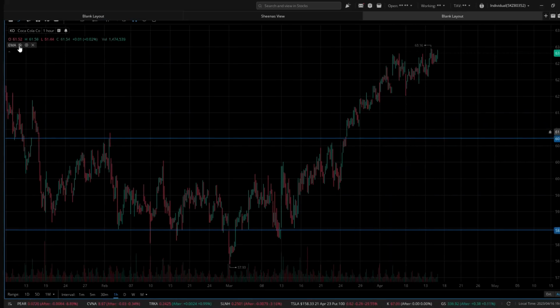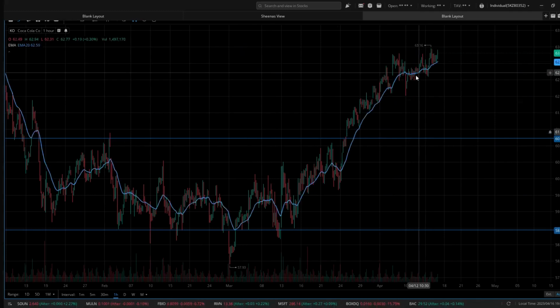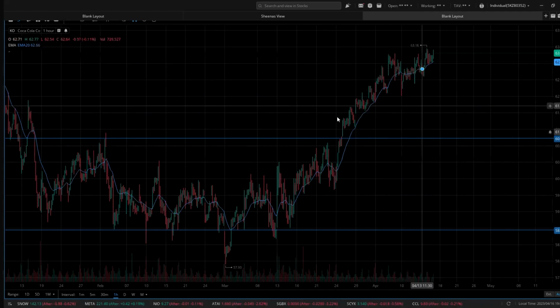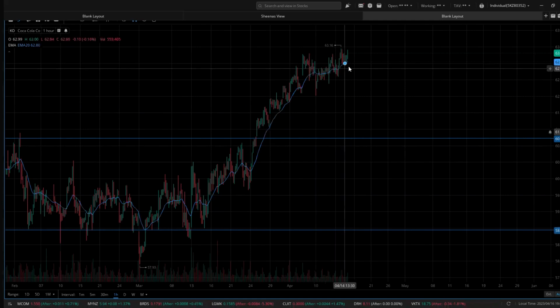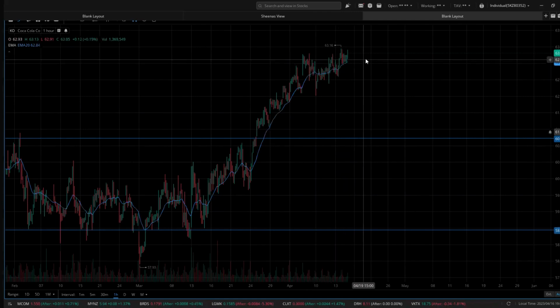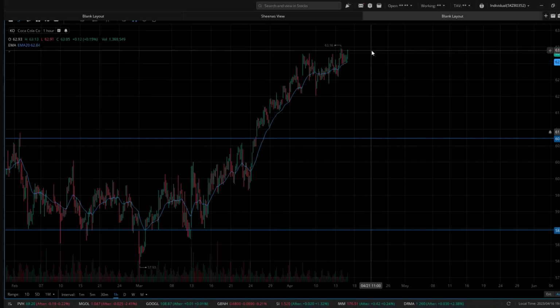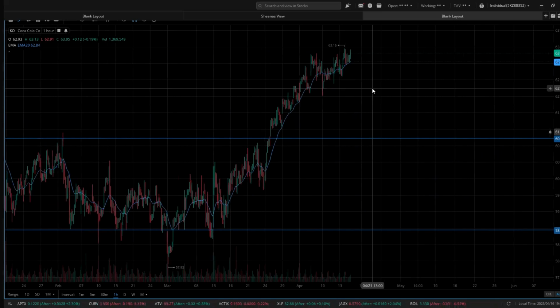We can also throw an EMA or a moving average on here to see where it is with the moving average. It's the 20-day moving average. And we can see it's still holding the moving average. The moving average is really supporting it. So it's still very much on an uptrend. And I do very much so see this going further, going higher. So that's it, guys. Top-down analysis on Coca Cola.